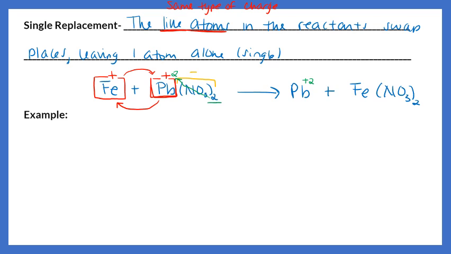Okay? Which means that there is that 1 by the lead. So if we reverse crisscross that, NO3 is not only minus, it is a -1 charge. Okay?